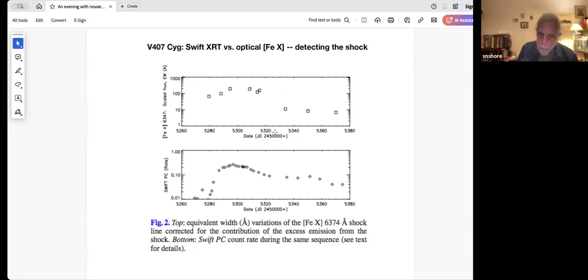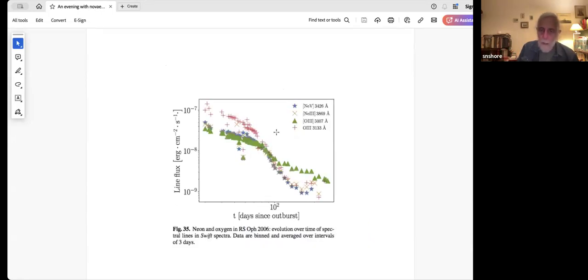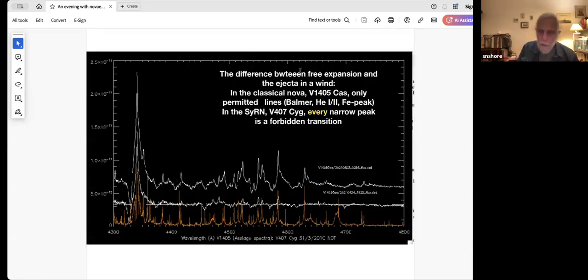So the other is this. I wanted to compare the same stage of the expansion between two systems. The top is a classical nova that isn't blowing out into anything.